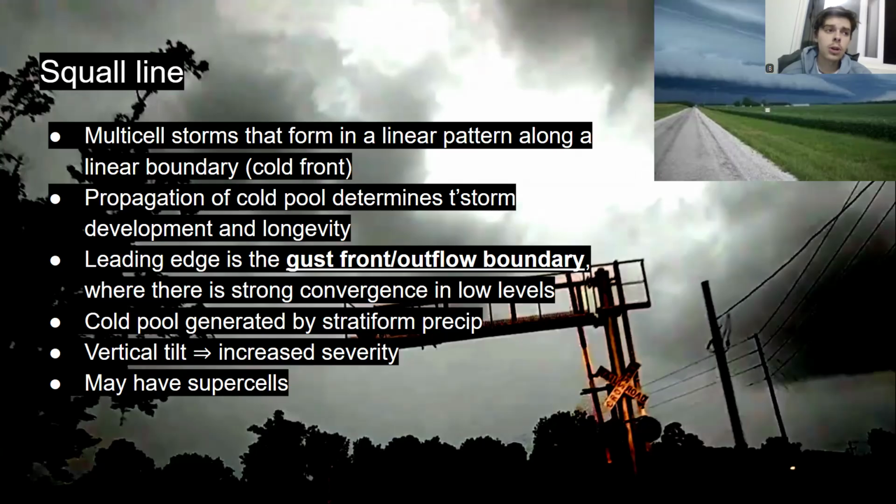And we will learn later that where that stratiform precipitation is in relation to the main part of the storm is going to help determine the strength and longevity of that also. But if there's more vertical tilt for the squall line, there is increased severity of winds. And sometimes squall lines can have supercells within them.